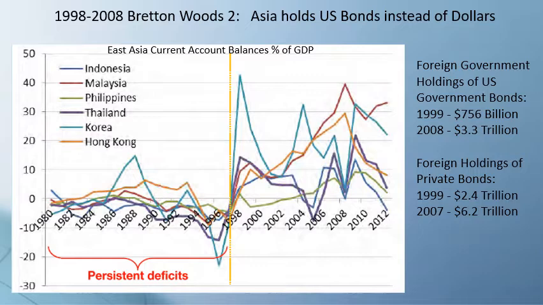It will flee into US bonds and maybe the US stock market. So the US dollar will skyrocket while the won falls, or their home currency falls.